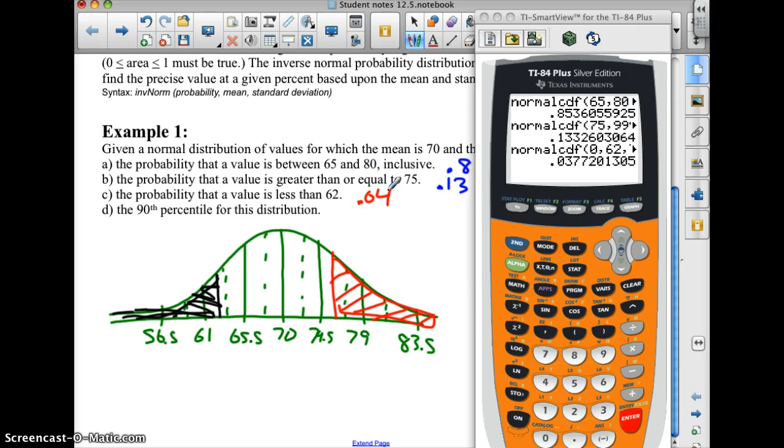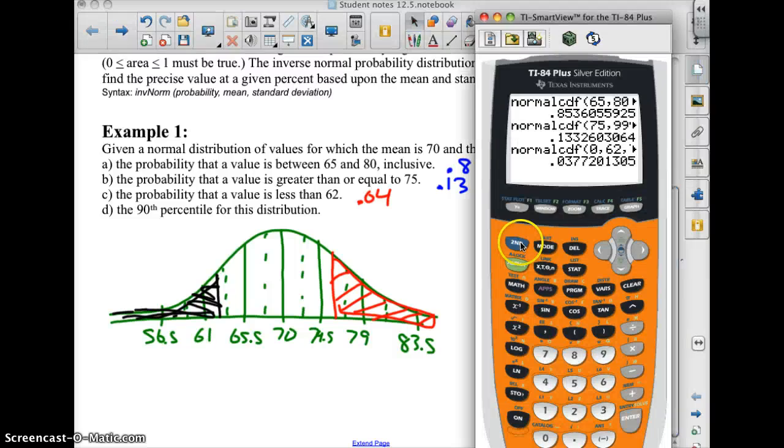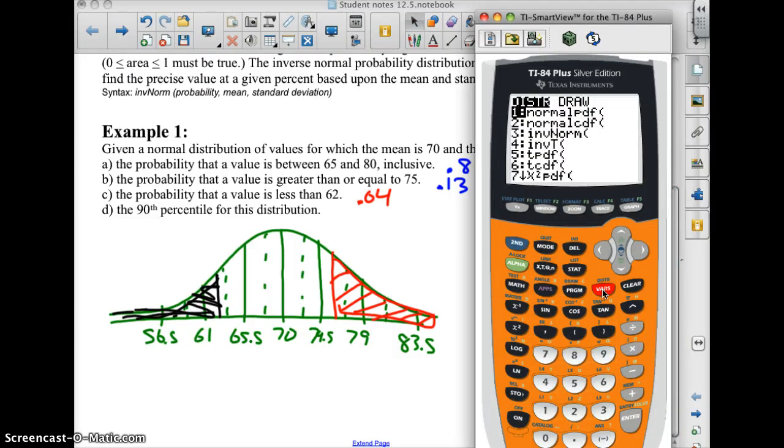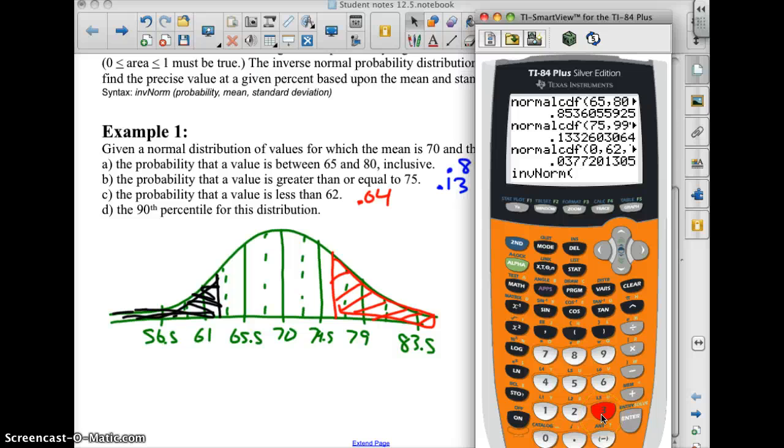Now to find the 90th percentile for this distribution, this is actually an inverse norm. It's giving you the probability, and you have to find what is at the 90th percentile. You could go up and count the percents and figure out where 90% is, or you can hit second, and then I see choice 3 is inverse norm.